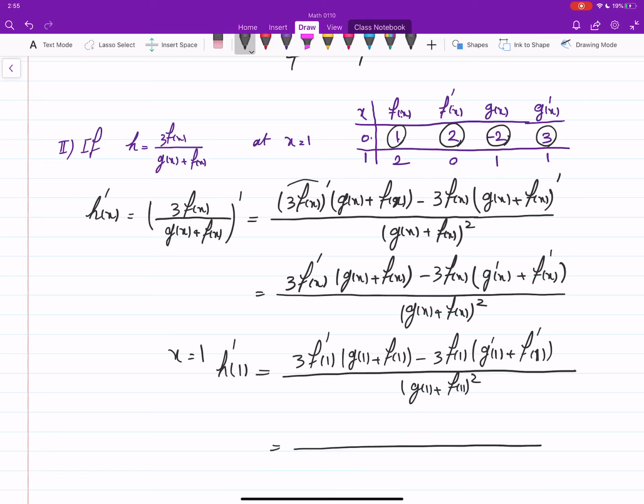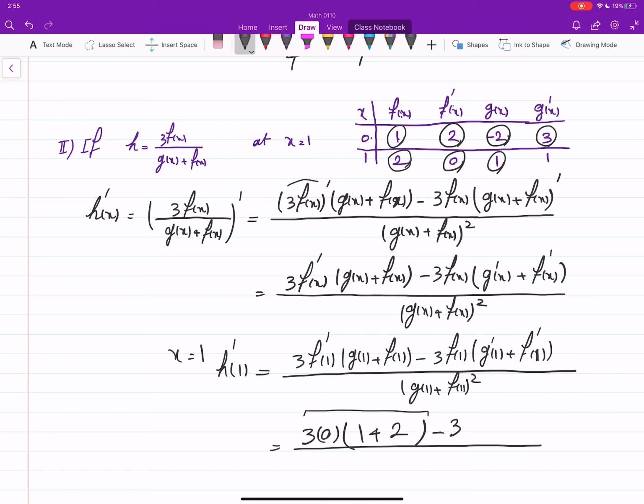Now we plug in the numbers one by one. 3 times f prime at 1 is 0, so I don't need to compute the other ones, but let's just do it: g at 1 is 1 plus f at 1 is 2. So that piece is going to be 0. I didn't need to compute it, but I'm just plugging in every value you have there.